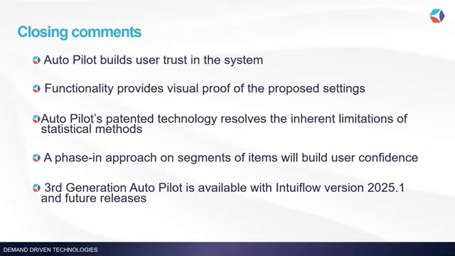The goal is trust in the system. If we can trust the system, we can get to more automated planning where things are on auto approval because we know we've got the settings right. Then we can take our hands off the wheel a little bit and allow users to focus on more challenging things, like how do we bring a new vendor into the fray? How do we deal with a vendor changeover?